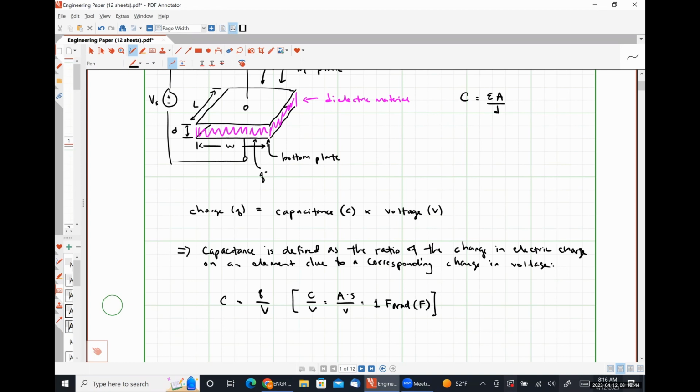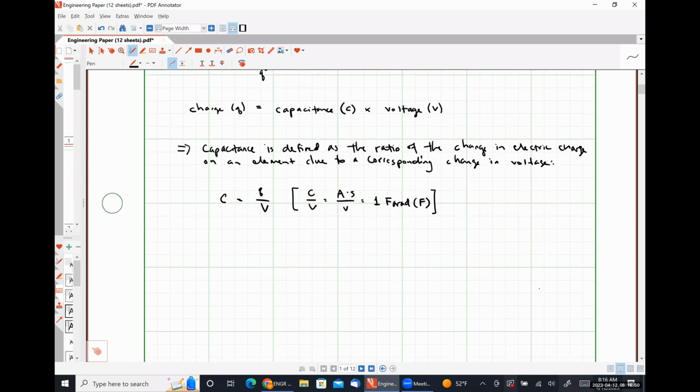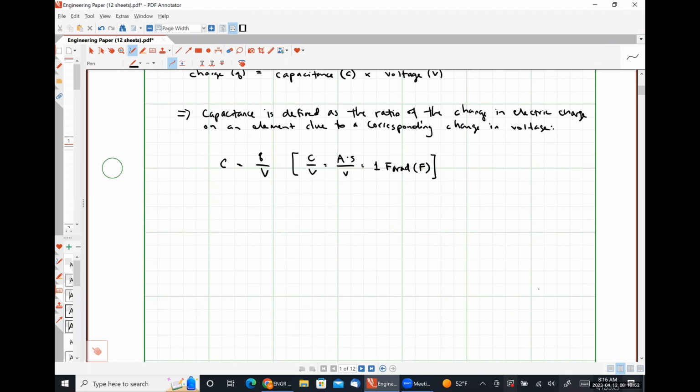All right, so let's talk a bit about the circuit characteristics of a capacitor. And we're going to start by looking at capacitor symbols. So the first symbol that I'm going to give you guys is for a generic capacitor.